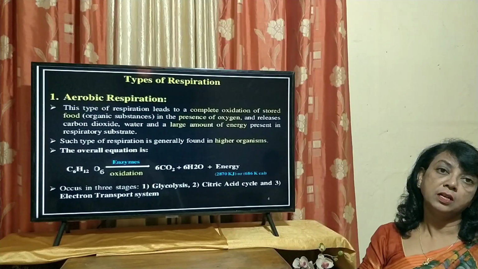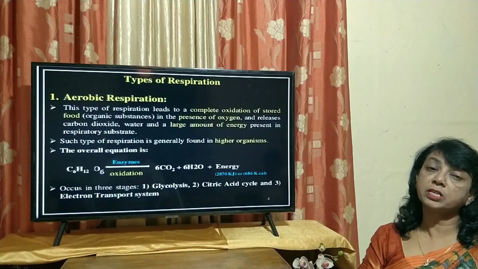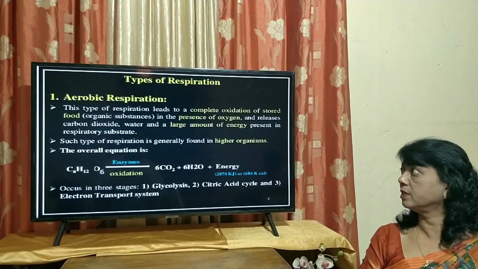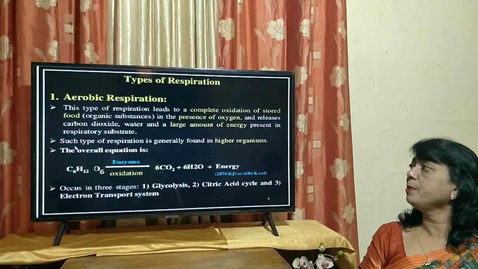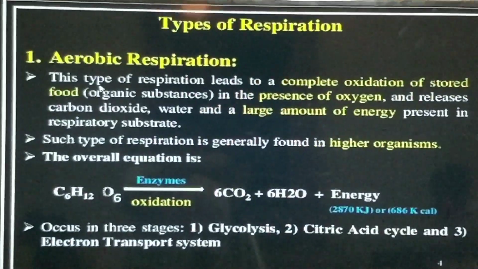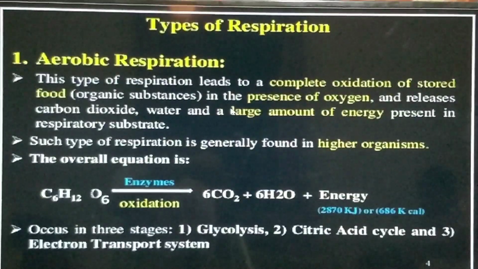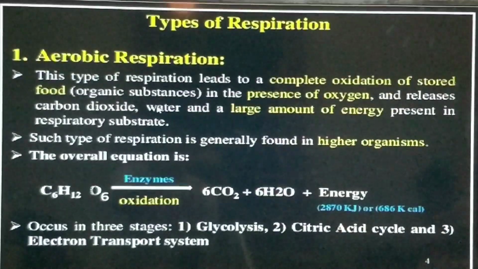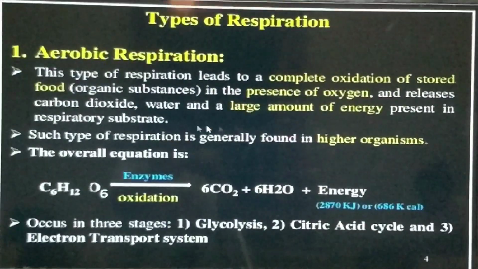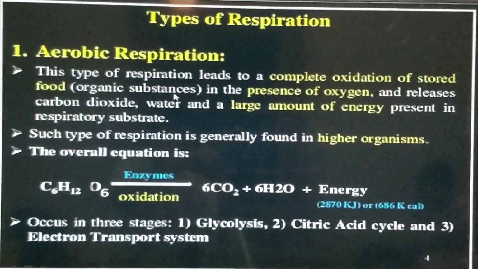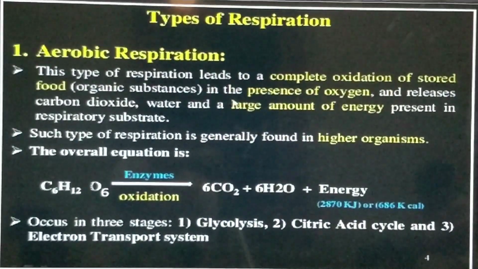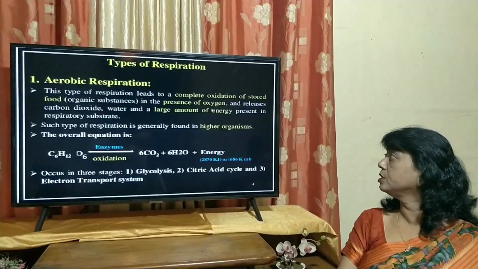I'm sure that you remember what is aerobic respiration. Aerobic respiration is a type of respiration which leads to complete oxidation of food, or you can say organic substance. And this takes place in the presence of oxygen.